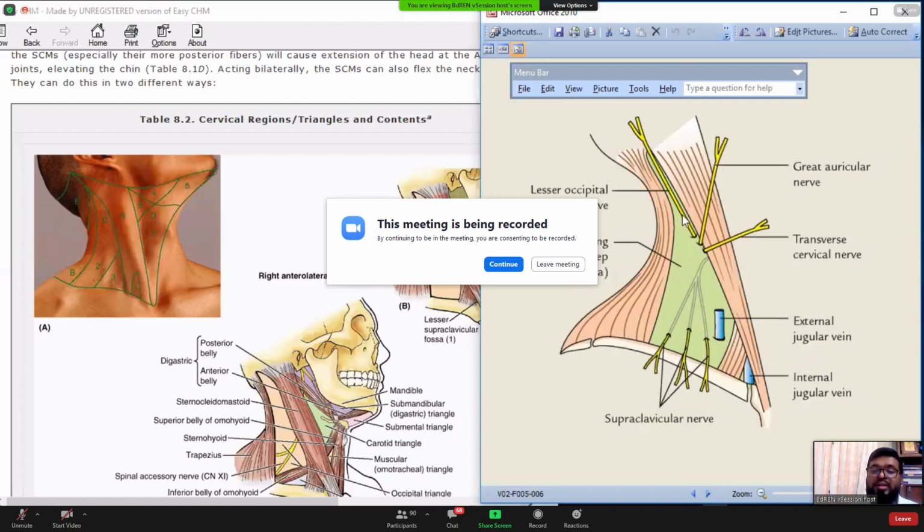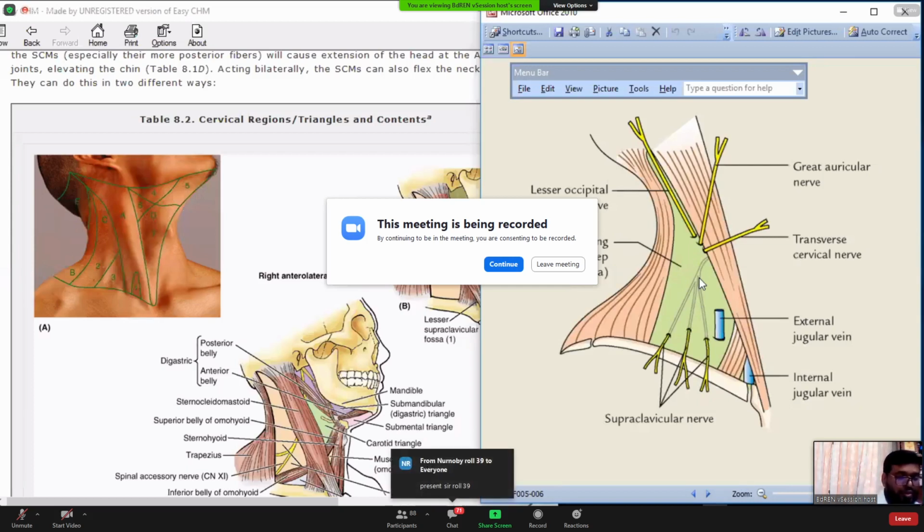So these are the very important nerves present in the posterior triangle which pierce the roof of the posterior triangle. This may be an MCQ. We can rearrange it or add some more nerves which are not actually structures that pierce the roof of the posterior triangle of the neck, right? So it's a very important and common MCQ.